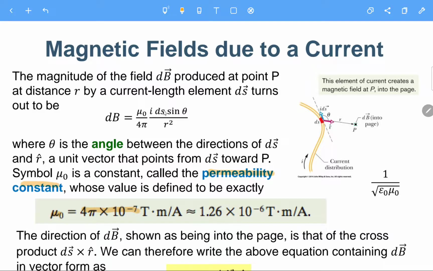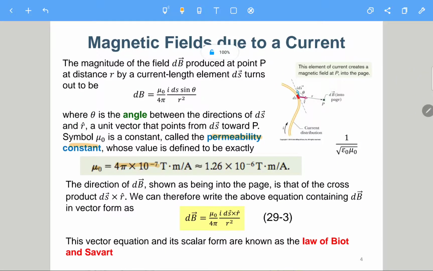And here we have I ds sine theta over r squared. It is somehow like the Coulomb force, but actually not the same. When you see the Coulomb force, you have F equals 1 over 4 pi epsilon naught Q1 Q2 over r squared.